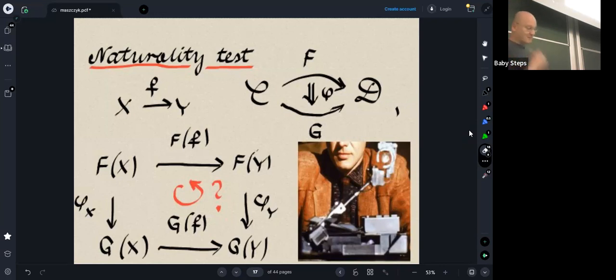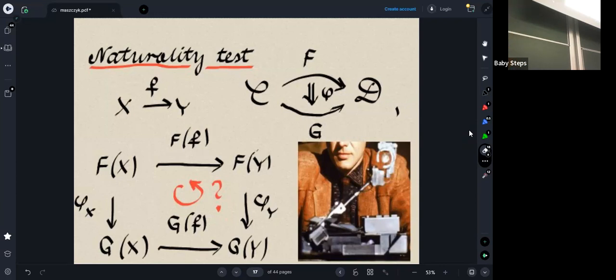We have the same for the functor g below, and vertically we have some bunch of morphisms indexed by objects in the category C, which together form this natural transformation.